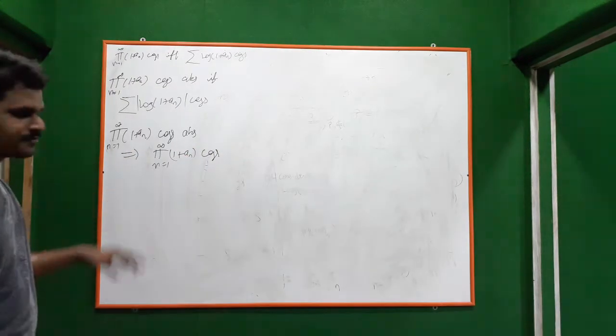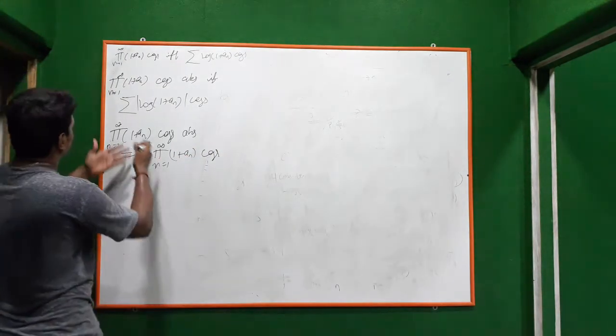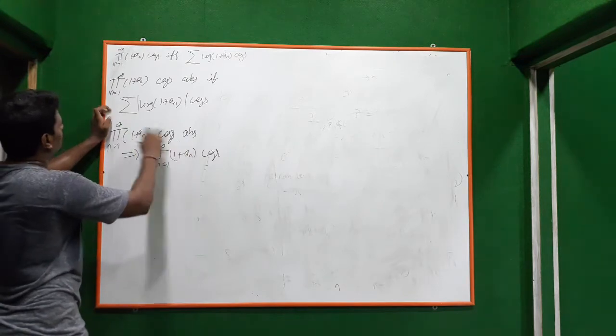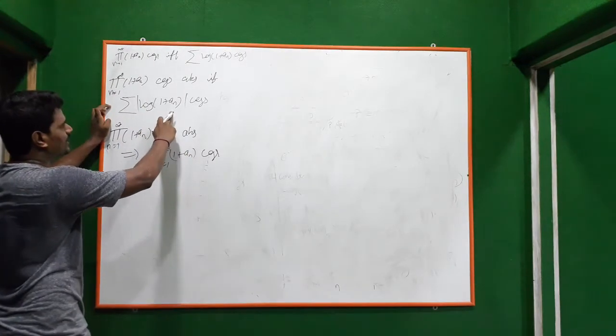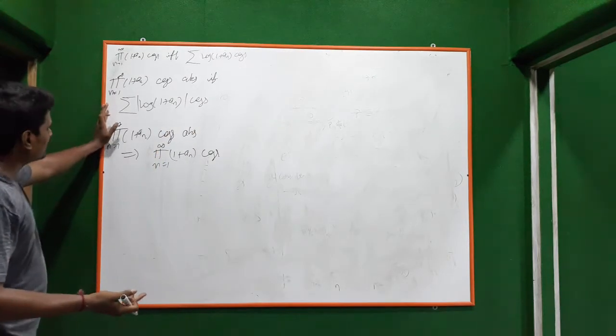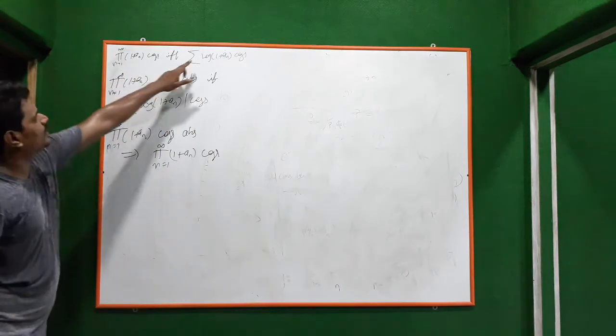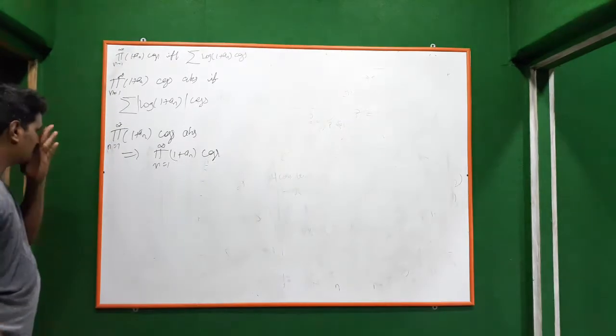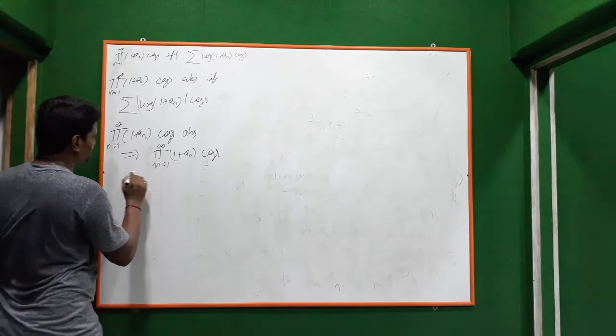This we can do. Okay. If this implies what? Summation mod log of 1 plus an converges. That implies summation log 1 plus an converges. That means this converges, if and only if condition. Okay. That's all. So this is there.